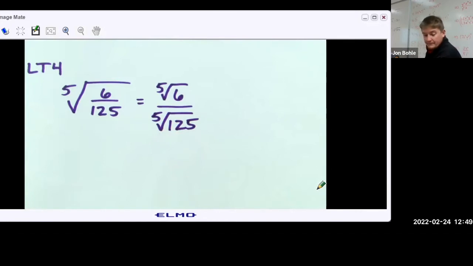Make it a what? I do have to multiply it to something. But the question is, what do I have to multiply it to?